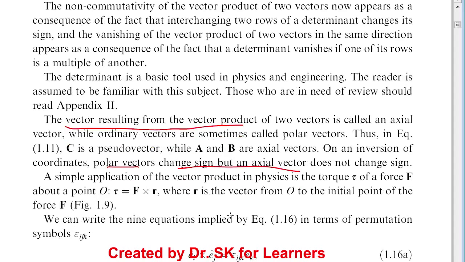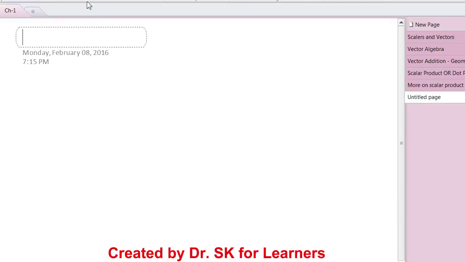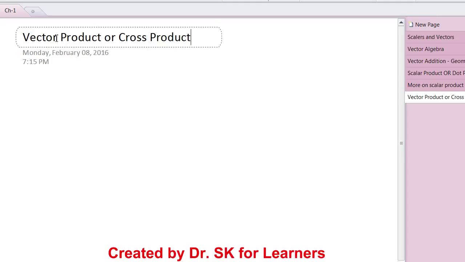And now we'll try to find out one operation or one use of this vector quantity. So let's try to draw it here. This is the vector product, or we call it cross product very popularly.